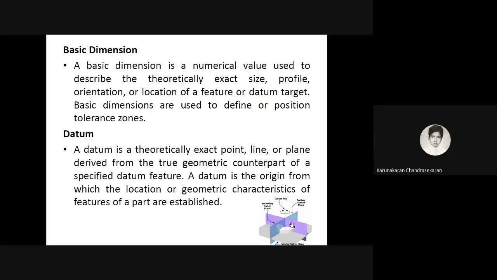For example, you can see that this is a Cartesian system we have given. In this Cartesian system, the hole is placed. Now, where is this hole placed? Upon which plane it is kept. So, the representation of this particular plane is known as datum referencing. So, datum is nothing but the origin on which the component is located. Okay.